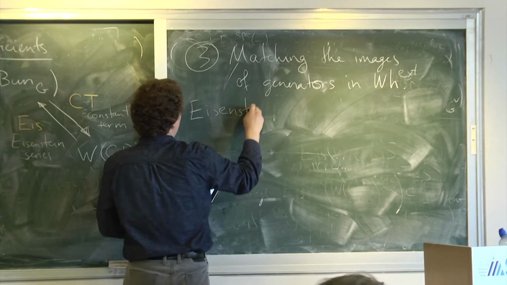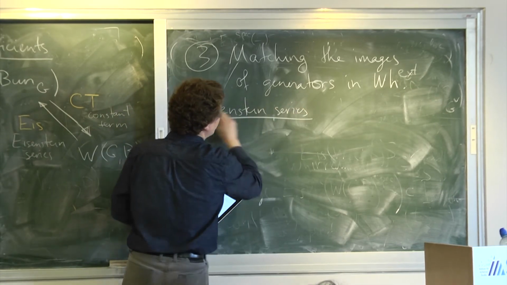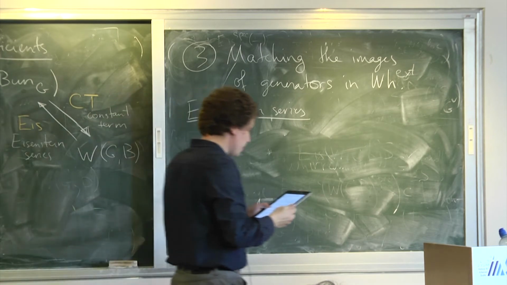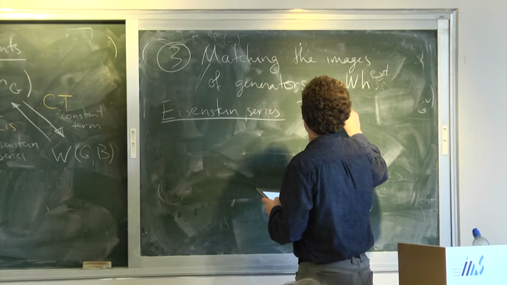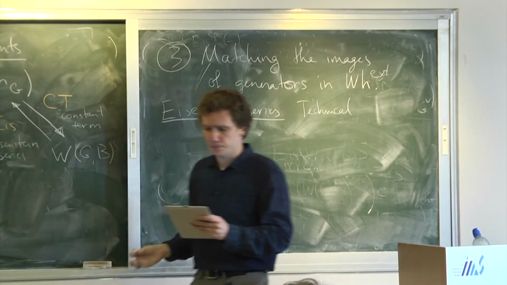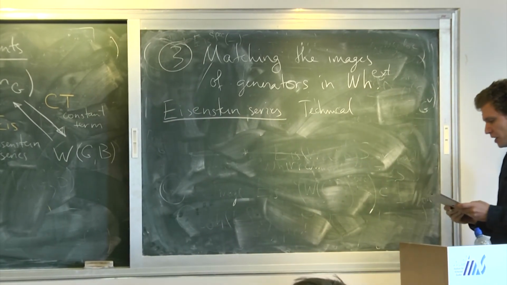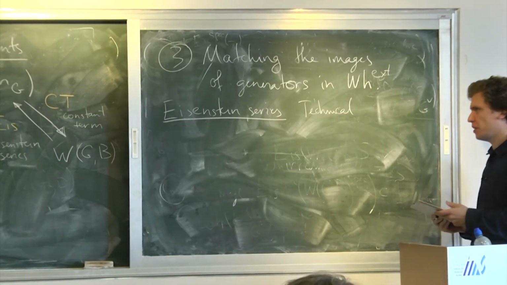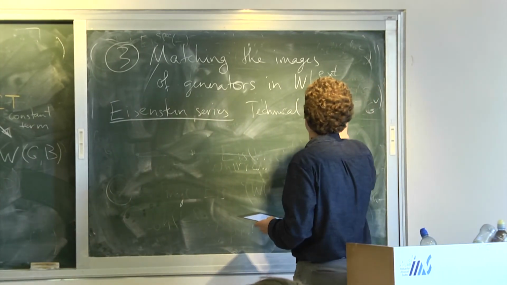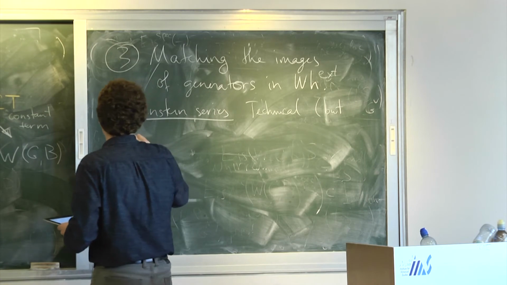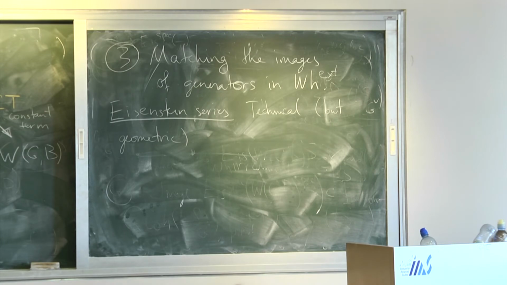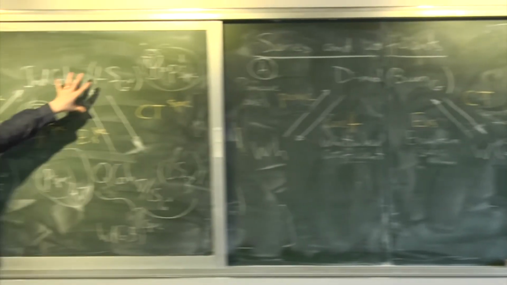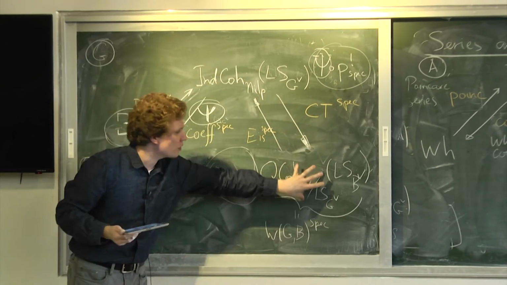So, in a few words, for Eisenstein series, this is technical, just because the objects involved are somewhat unusual, but it's essentially supposed to be a geometric calculation. So the kind of calculation involved, for example, what do we need to do? We need to start here, apply the Eisenstein series functor, and ask what the constant term does to it.